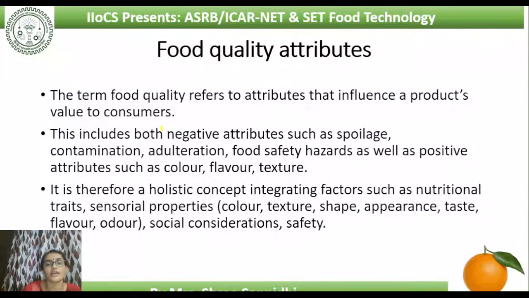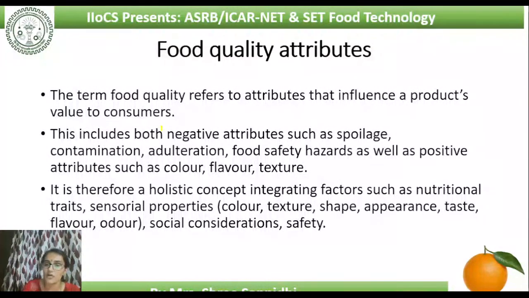So some of the negative attributes are spoilage, contamination, adulteration, food safety hazards. Okay, these are the negative aspects or attributes of food products, whereas positive attributes include the attractive color, flavor, texture, and so on.